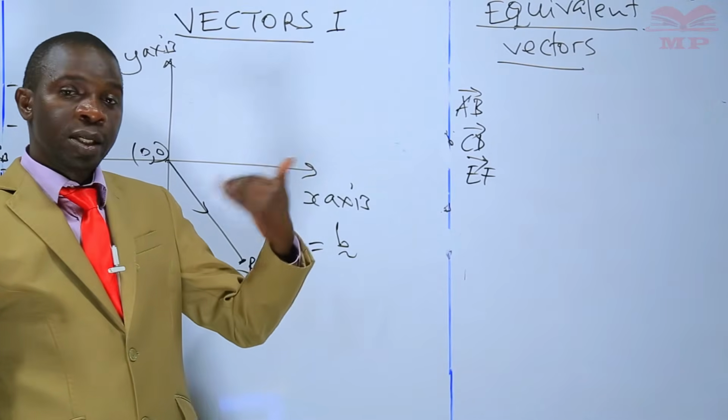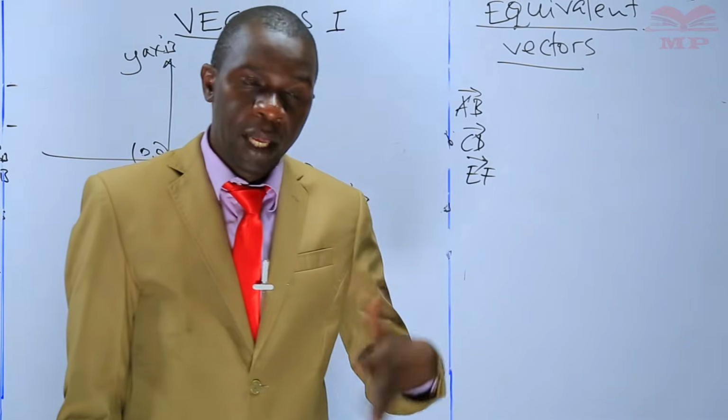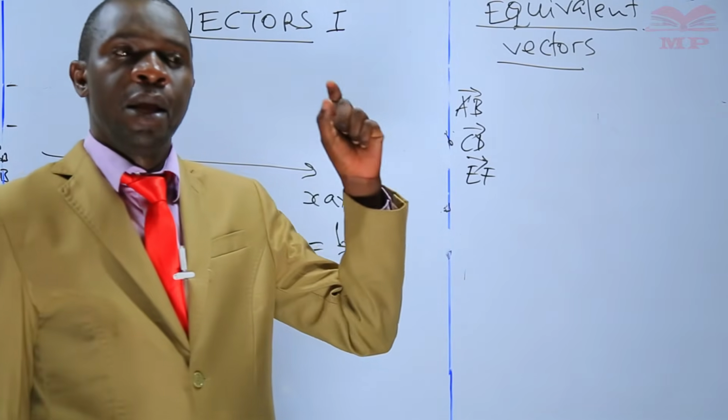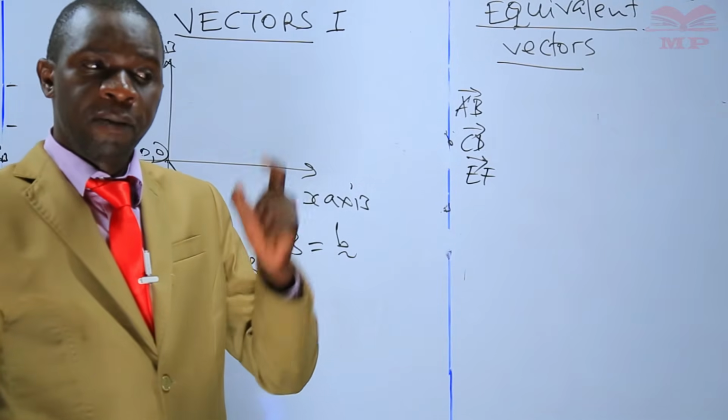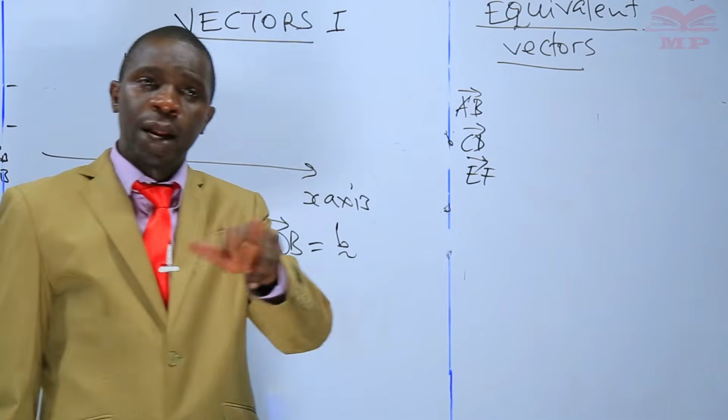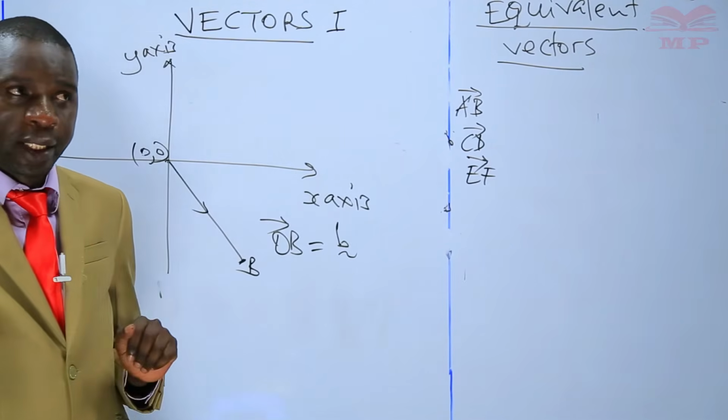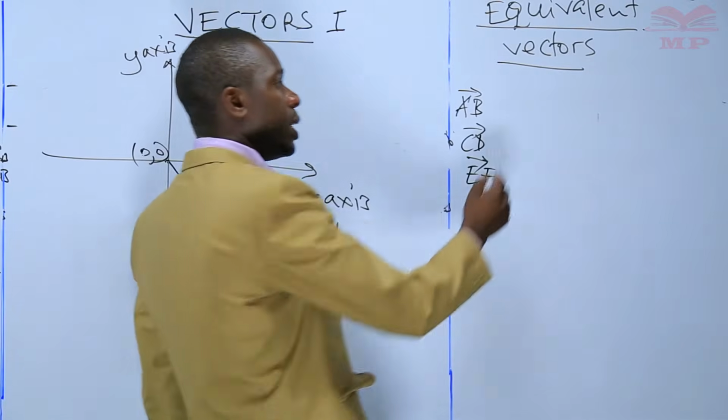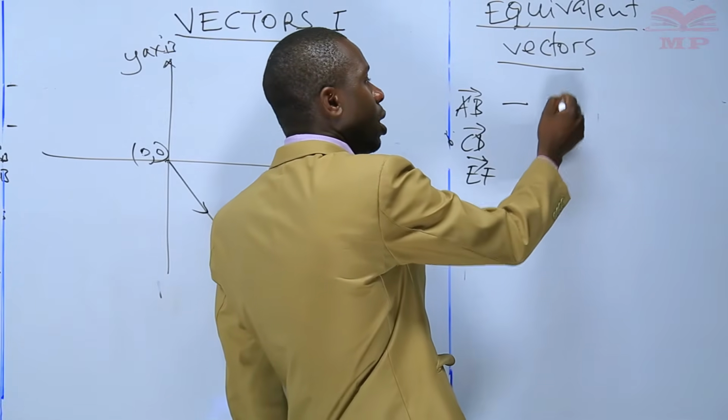Now, just to remind us, we said when we were starting that vectors actually have two characteristics that make them vector quantities. A vector must have what we call direction.